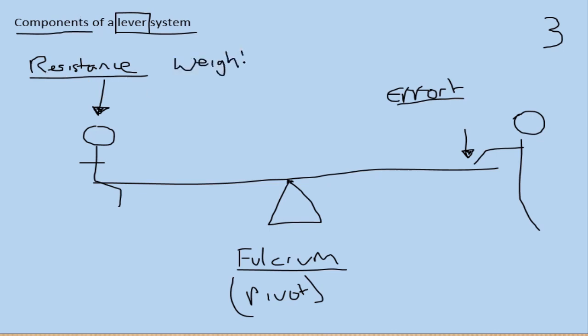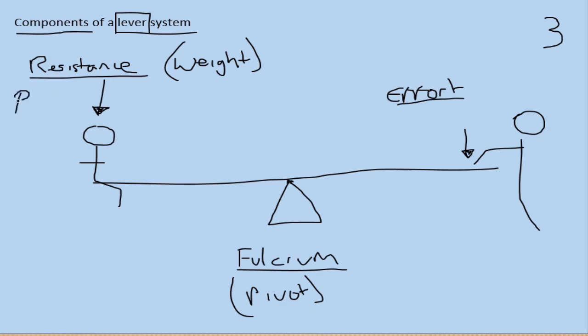Those are the only 3 things that you need to concern yourself with in a lever system. Now these 3 things could be put in different ways, and that's how we get different levers. But before we move on to the human body, it's very important that you understand those 3 concepts, those 3 words, and we can refer to them with the first letter of what they stand for.